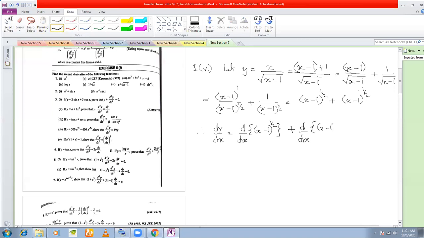x minus 1 to the power of minus half. Now let's differentiate. You have half x minus 1 to the power of half minus 1. Okay. Plus minus half x minus 1 to the power of minus half minus 1.